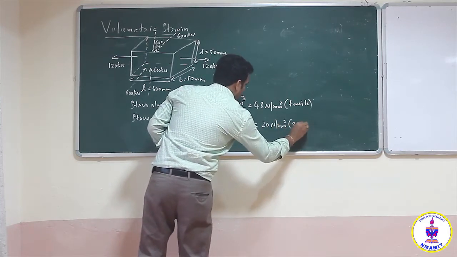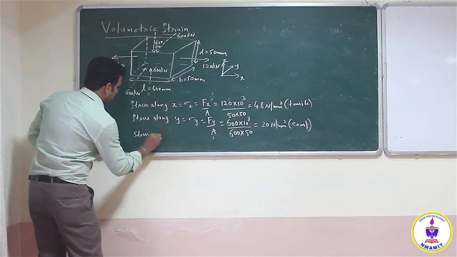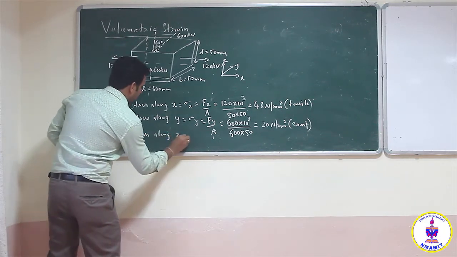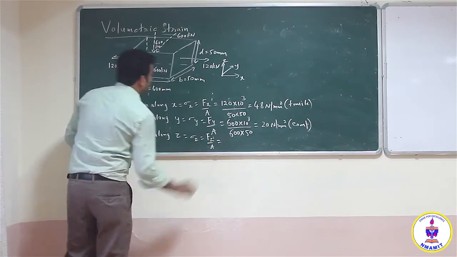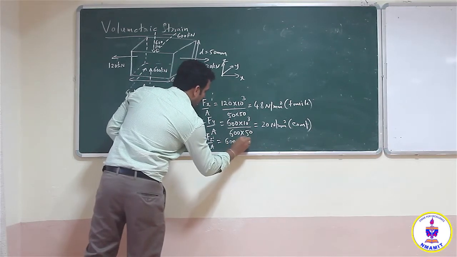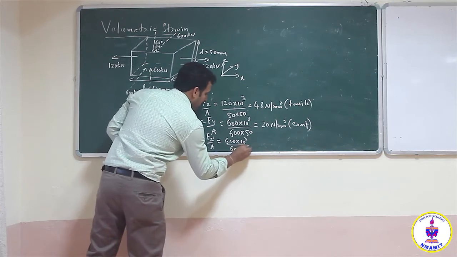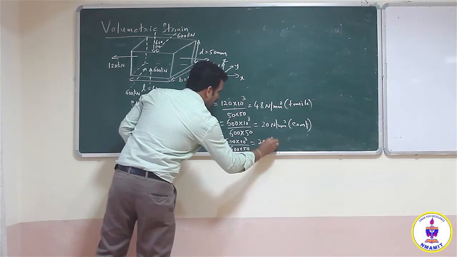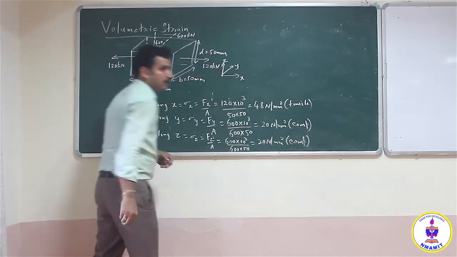It is compressive. Similarly, stress along Z, sigma Z equal to force by A. So force along Z axis is also 600 kN, and cross sectional area is the same, 600 into 50, which is equal to 20 Newton per millimeter square, which is compressive.